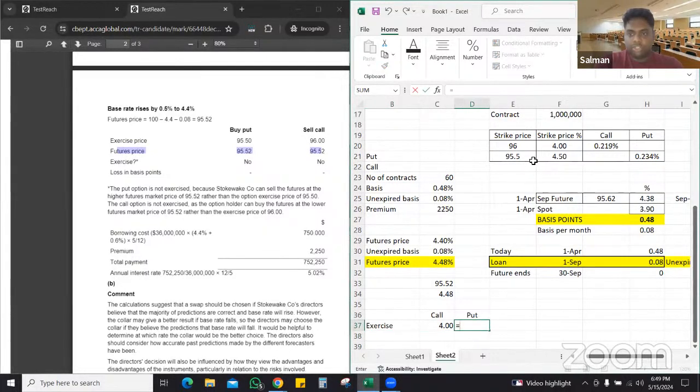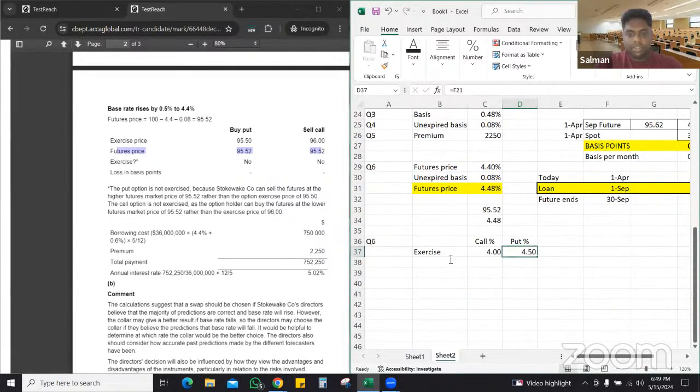Put option, 95.5 means 4.5%. These are percentages. Right. What about the futures price? Futures price we have discussed, 4.48%.